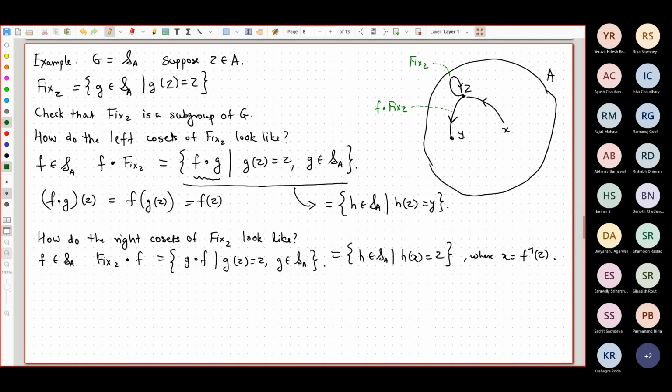The set of all permutations whose cycle representation contains the edge X to Z is a right coset of fix Z, fix Z composed with some F.